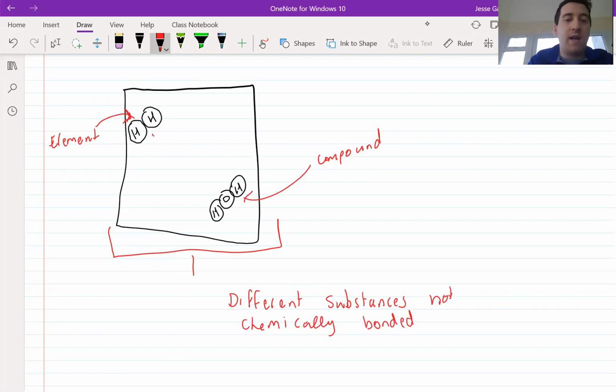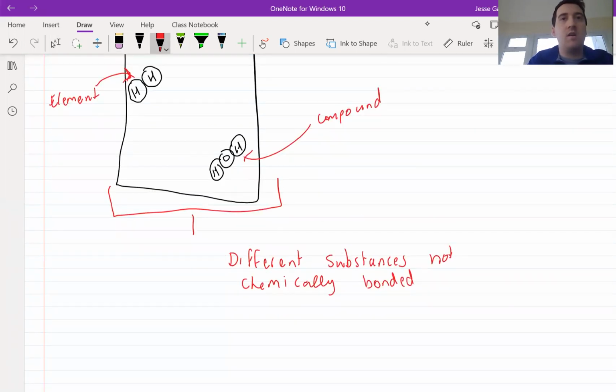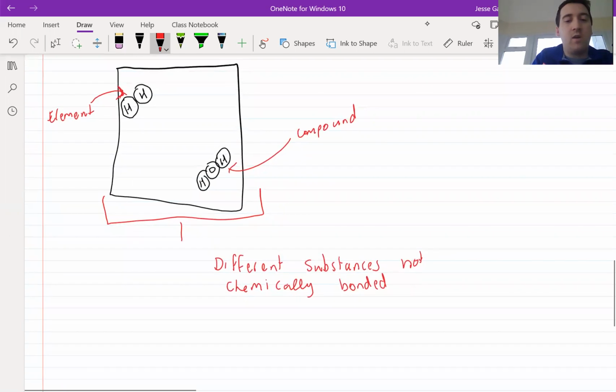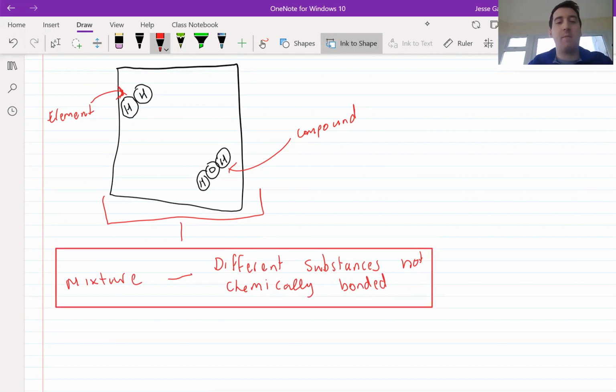We don't have any attachment between these two. These aren't attached to each other. They're separate. There's no bond. When we have something like this, we call this a mixture. So a mixture is where we have different substances together but not chemically bonded.